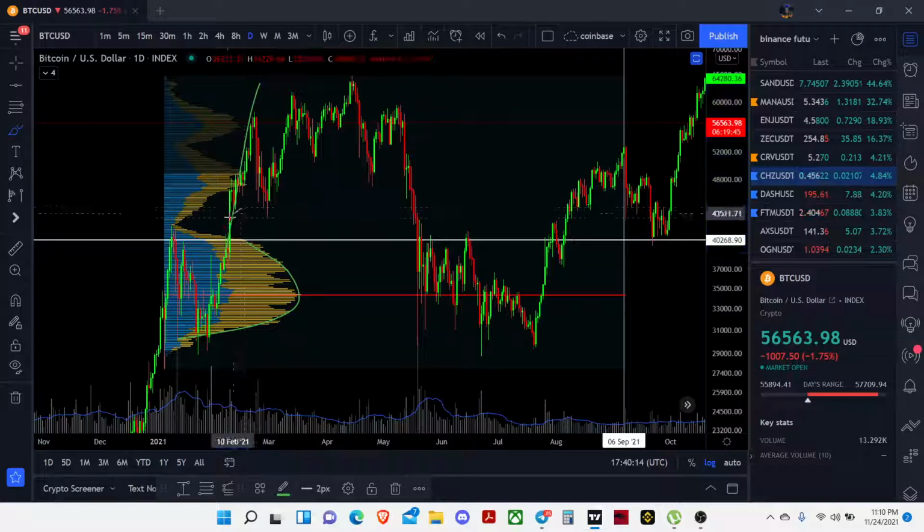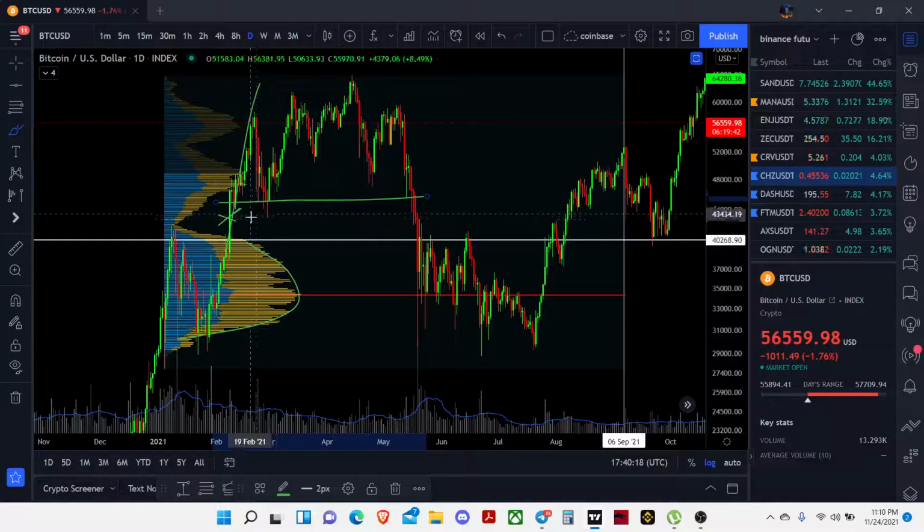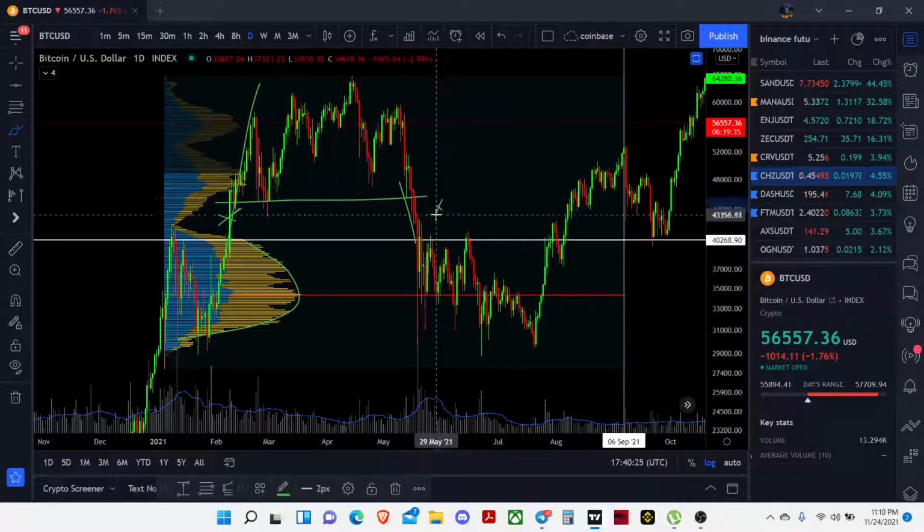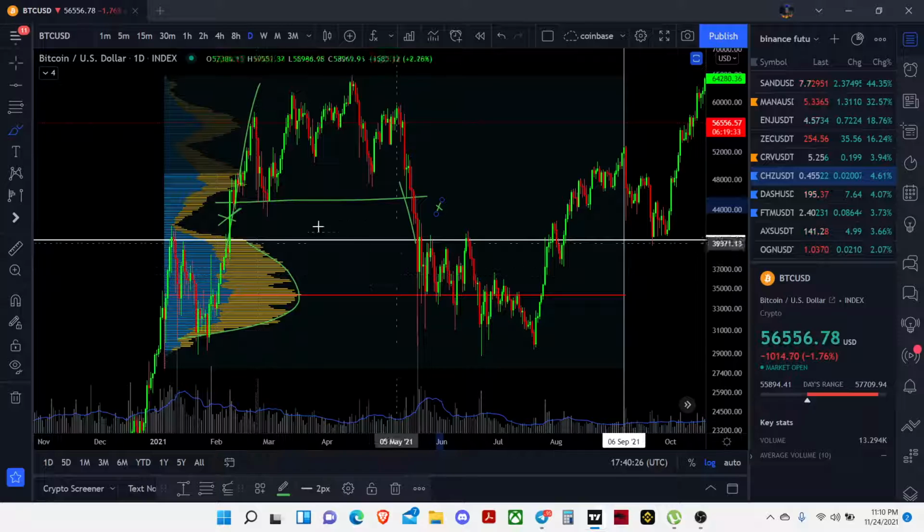In the past two moves, you can see that this was a quick move. The market didn't test that anymore, and again this was a big move, so that's why it's a volatile move, because there wasn't big liquidity there.